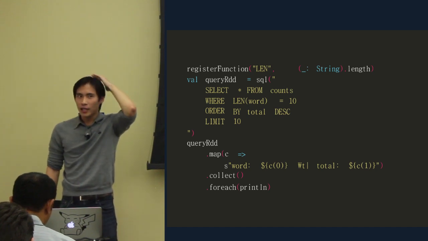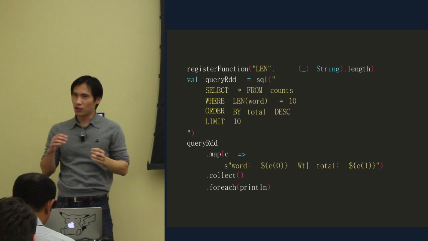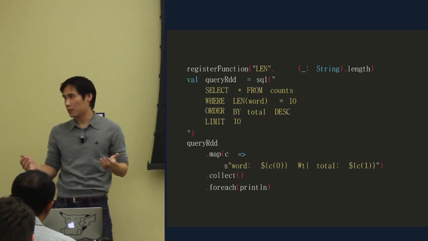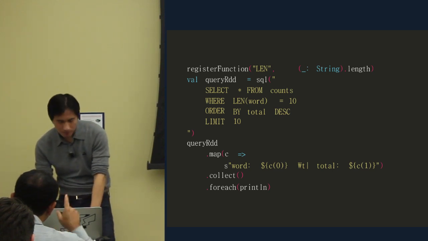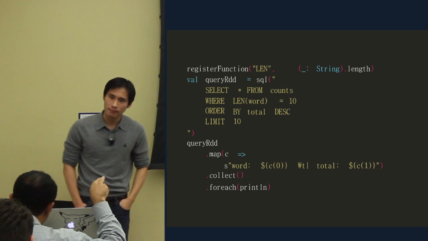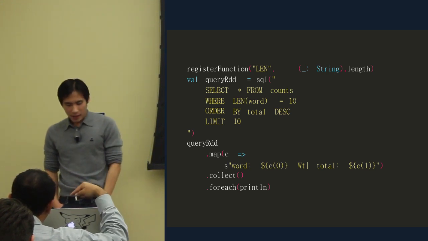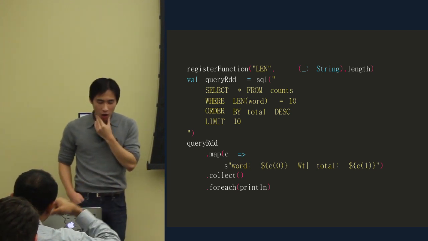Yes, that's correct. The intermediate operations are as if you wrote up Hadoop MapReduce jobs and they were distributed to all the machines. So is it possible to remove the collect and put foreach? Or do I have to put the collect? Yes, you can actually call that foreach.